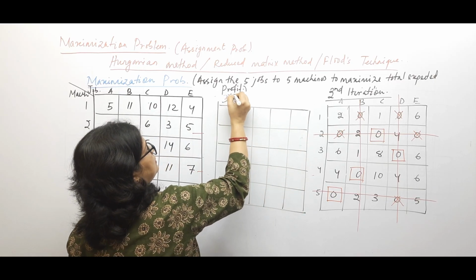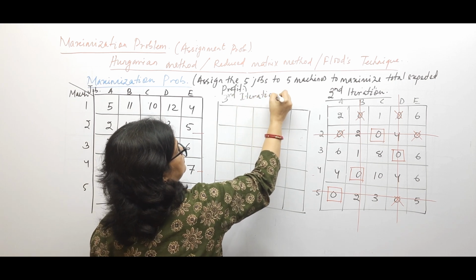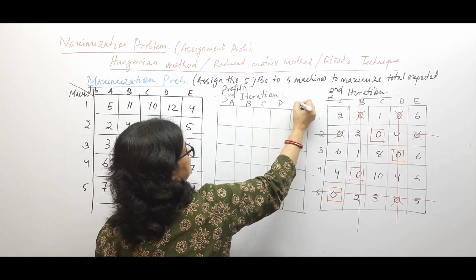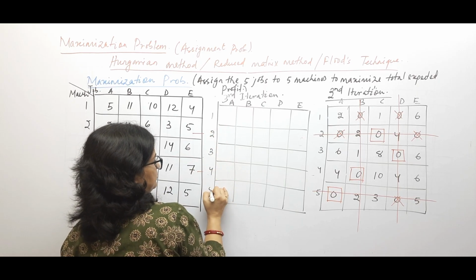This is our third iteration. This is A, B, C, D, E. 1, 2, 3, 4 and 5.